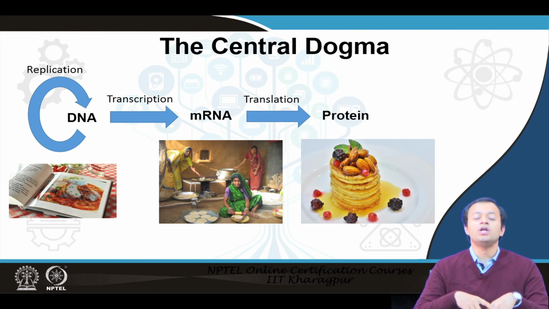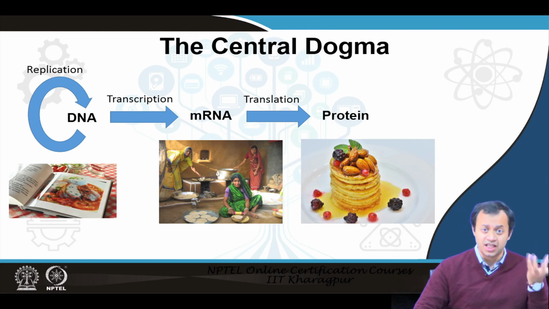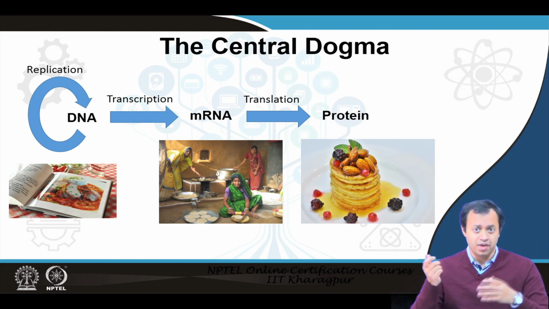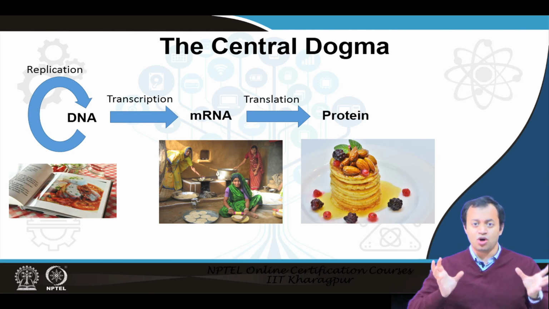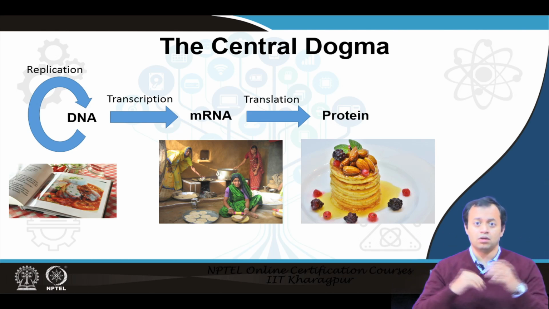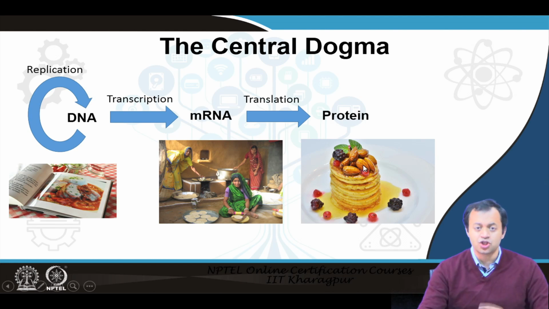In the process of cooking, you require several different utensils, several different procedures, you require the heat, maybe a certain spatula, different types of tools, and the final product, the dish which we all consume, is the protein.